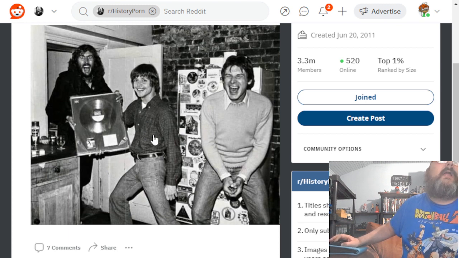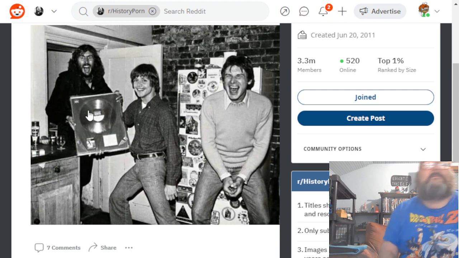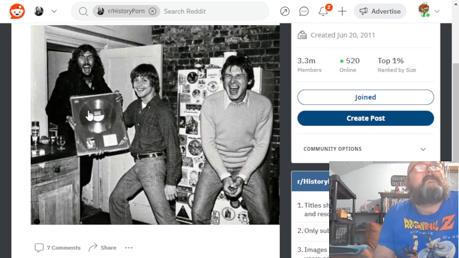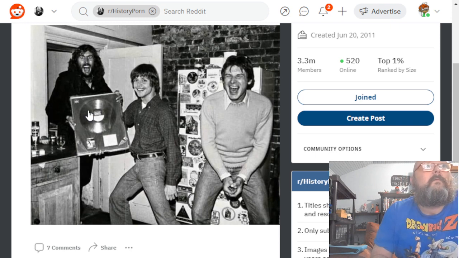Mark Hamill, who plays Luke Skywalker, Harrison Ford, Han Solo, Eric Idle of Monty Python, who owned the house. So it's a nice picture of cultural history.